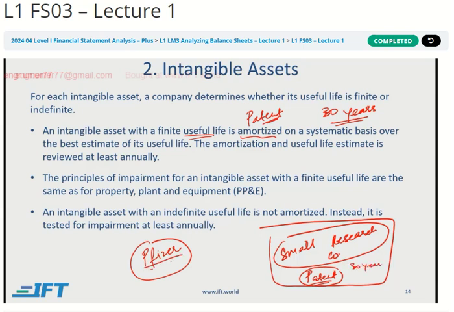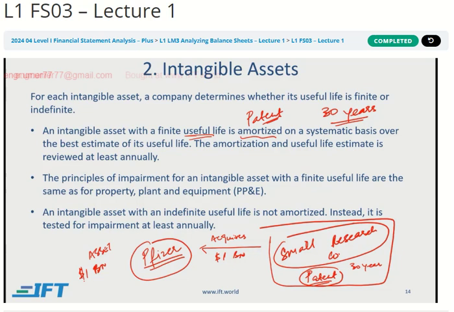Then a large pharmaceutical company like Pfizer acquires this patent, and it pays, let's say, $1 billion for it, then this asset will be shown on the balance sheet of Pfizer as the price or the cost that it paid for it.